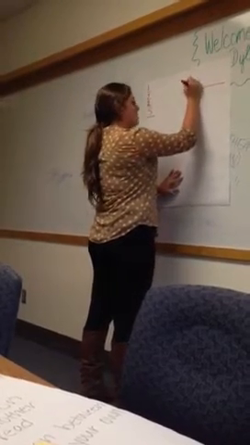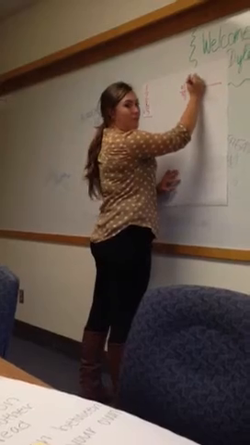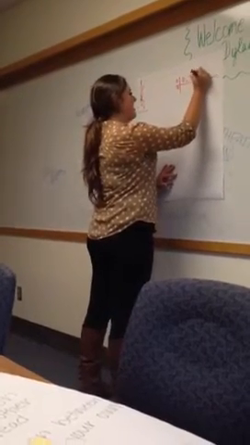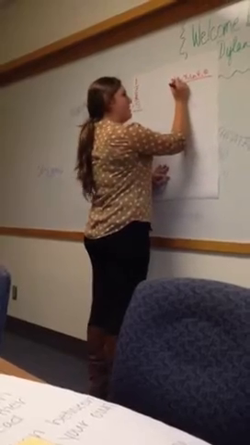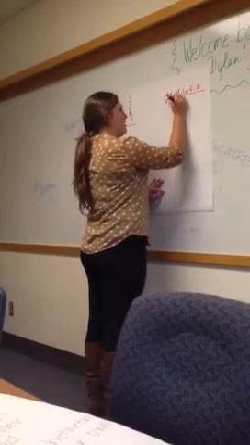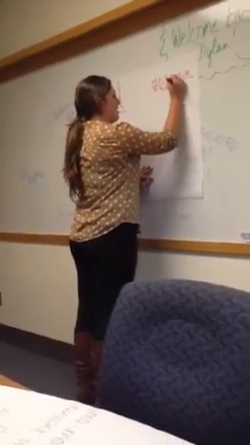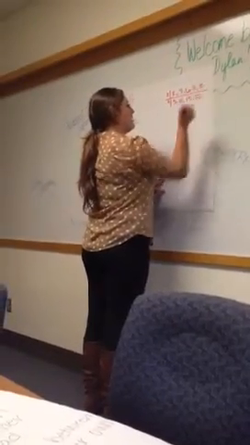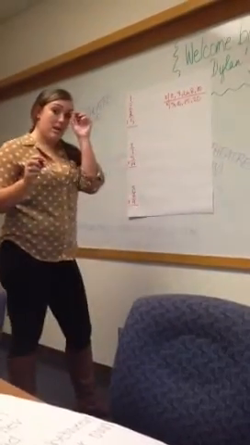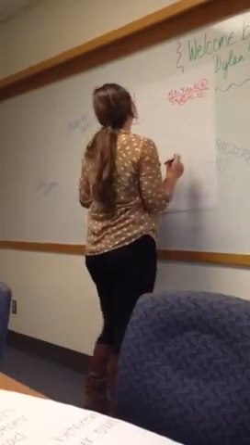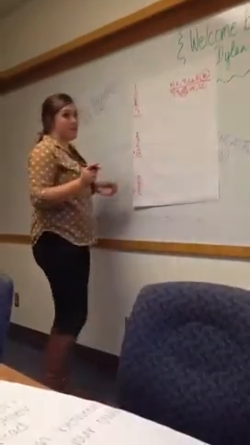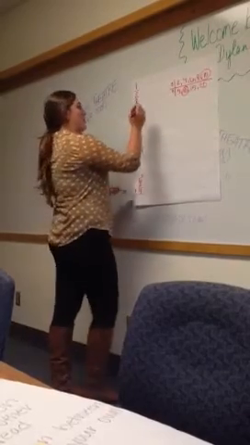So 2 is 2. Help me count. 4, 6, 8, 10. Perfect. And 5 is 5, 10, 15, 20. Perfect. So the least common multiple in there is 10. Good job.